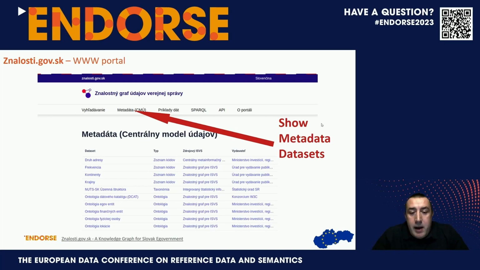These were derived from our reference registers, but of course they are mapped to European vocabularies. In addition, you can see some code lists and taxonomies taken from the Publications Office of the European Union, such as frequencies and continents. So this list represents the actual important content of the knowledge graph.